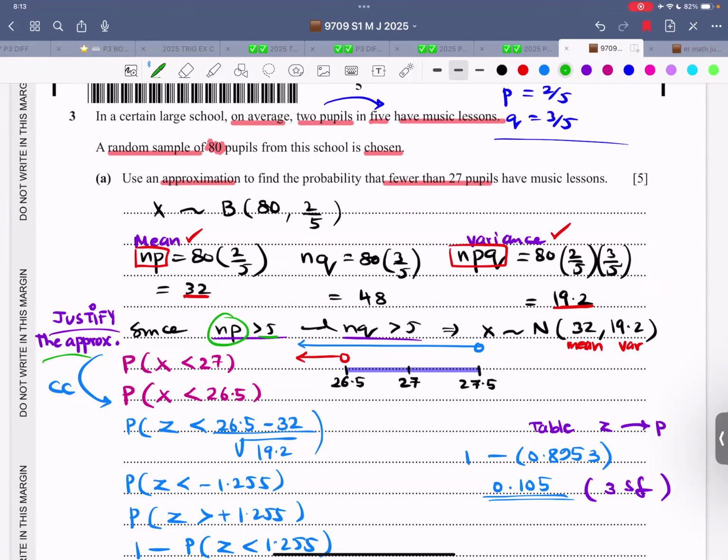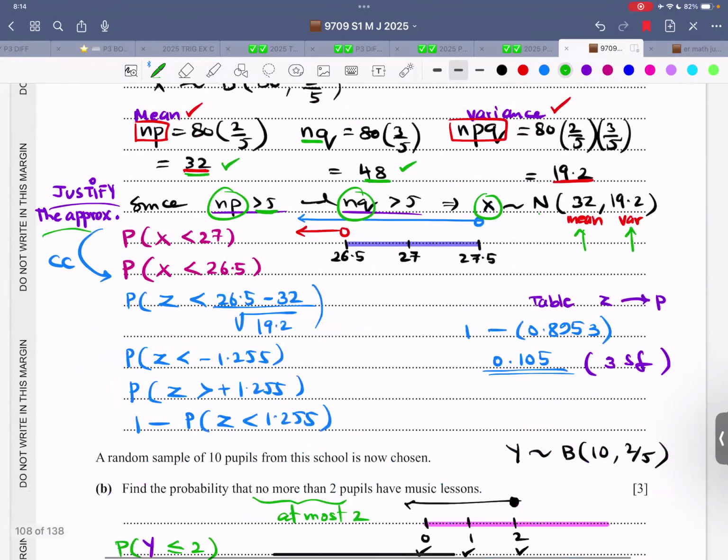Since NP is greater than 5, and we also calculate NQ, which has no meaning, but it's used as justification, NQ is greater than 5. So NP is greater than 5, NQ is greater than 5. Therefore, X follows a normal distribution. We write the mean over here, the variance over here. That is the first thing.